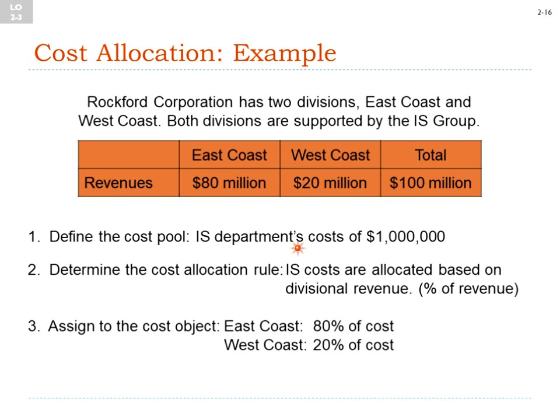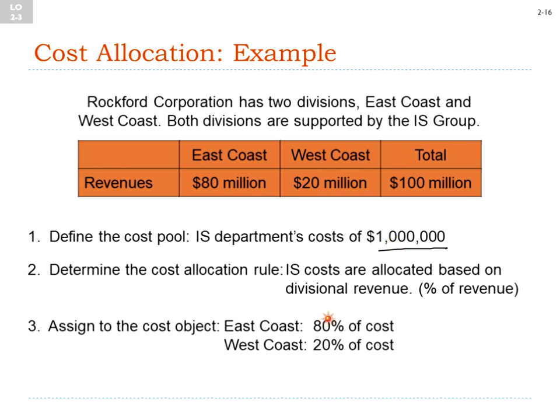Now, the cost allocation rule is, okay, we have the total cost of $1 million, but how are we going to allocate it? In this case, they decided to allocate it based on divisional revenue. So you have 2 divisions, East Coast and West Coast. East Coast makes $80 million in revenue. West Coast makes $20 million in revenue. So they're going to divide this $1 million of cost.